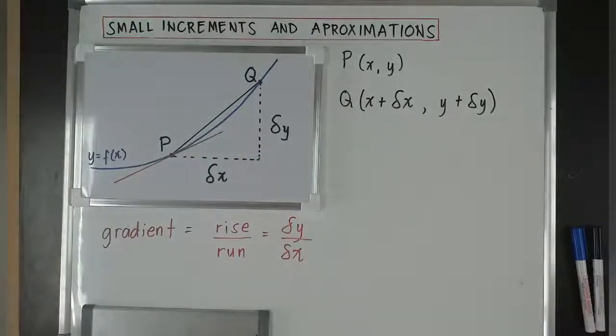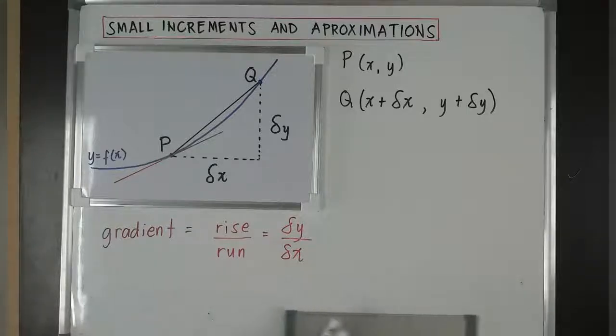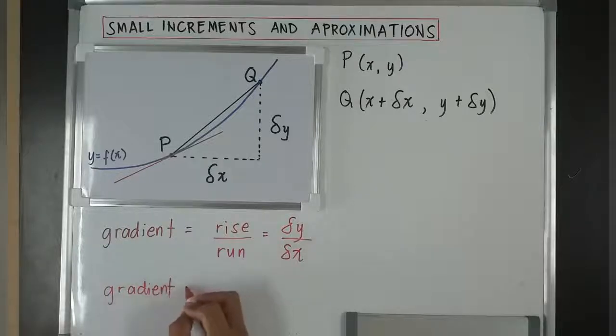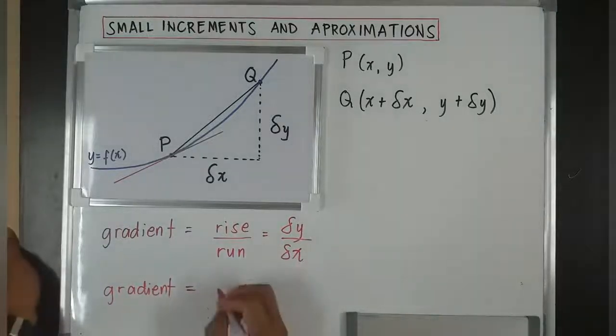Now, since I know that the gradient is a small increment in y over a small increment in x, in our past lessons, I've told you that gradient is also equivalent to dy over dx.